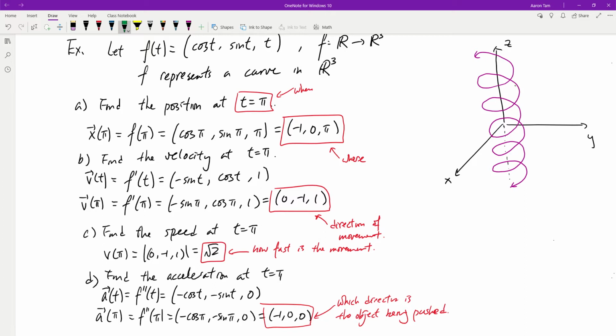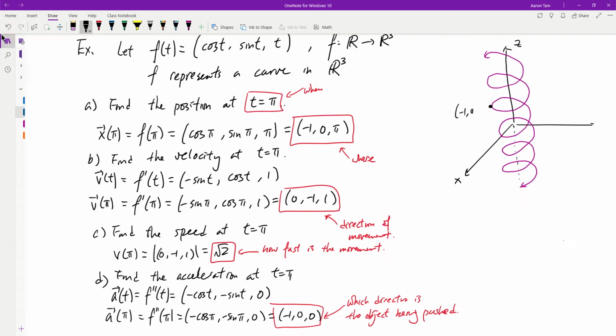Somewhere over here would be the point negative 1, 0, pi. Actually, it would probably be in the back.